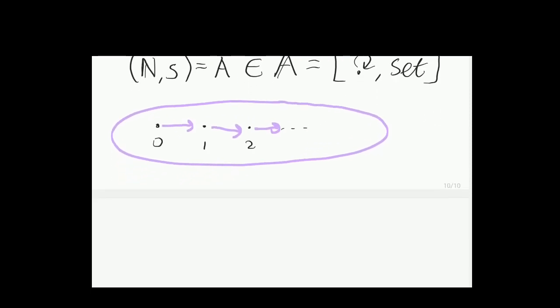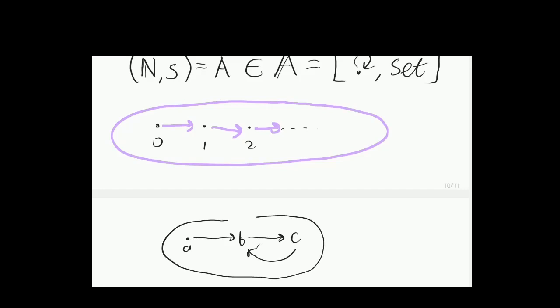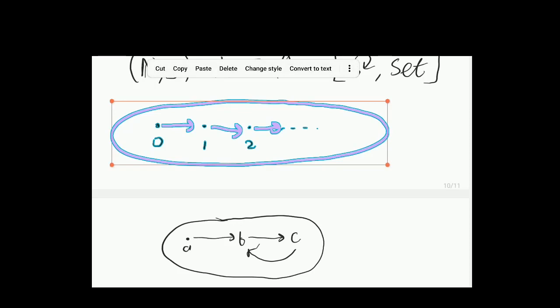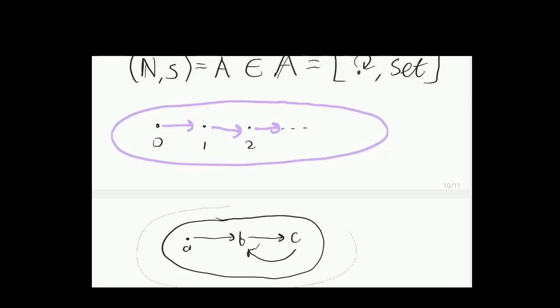All right, so let's look at an example. Let's suppose that C is this dynamical system. So then we can ask ourselves, what does it mean to have a morphism from this natural numbers dynamical system to this dynamical system here, which actually I'll call D, so I don't get confused with the letters.